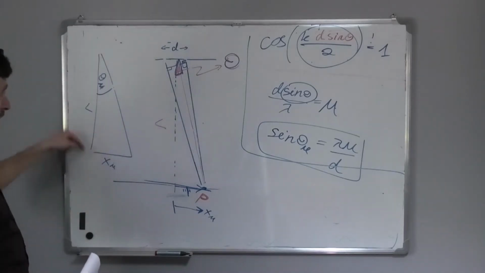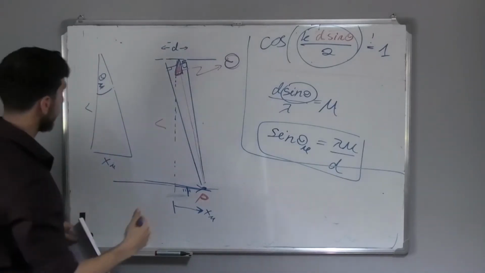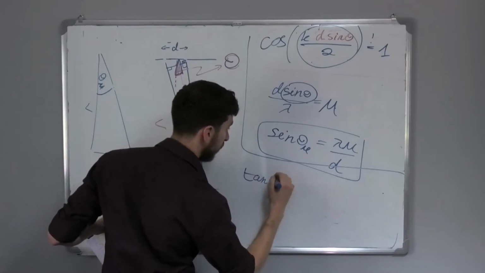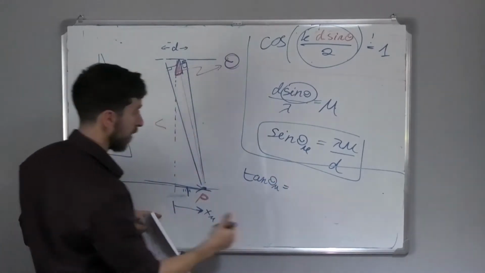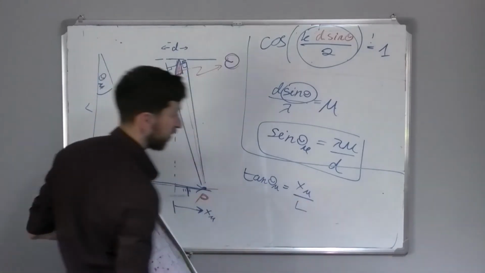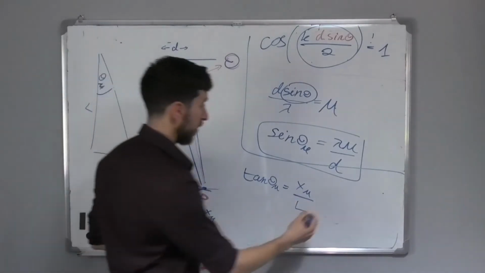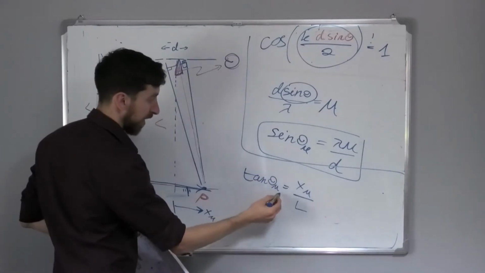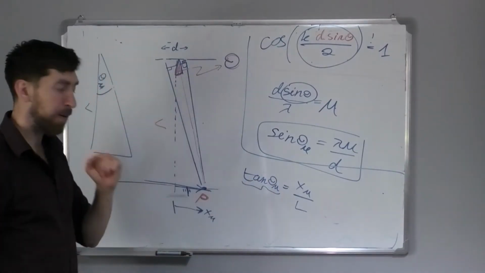So I can use tangent. You see it? I can say the tangent of theta_m is equal to x_m, which I want to find, divided by the length, the distance to the board. And I can make another assumption: we're talking about a really small angle.